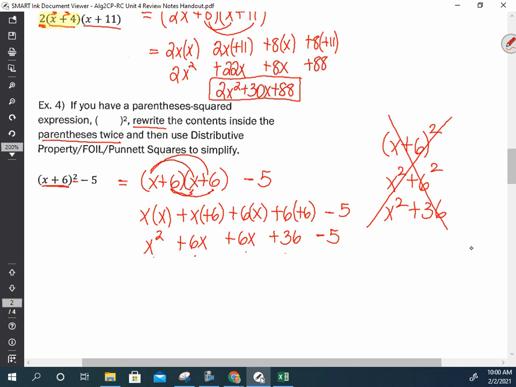So now you combine like terms. 2 6x's put together, and 36 can go with the minus 5. x squared plus 12x plus 31.